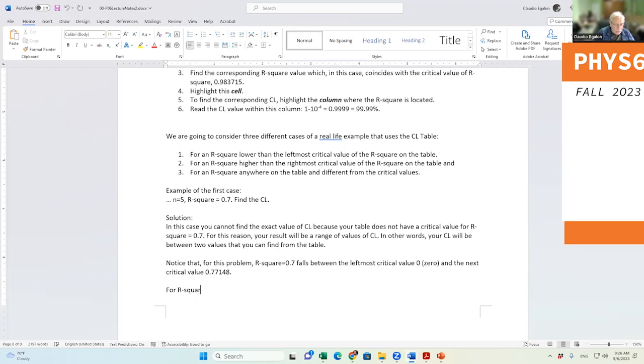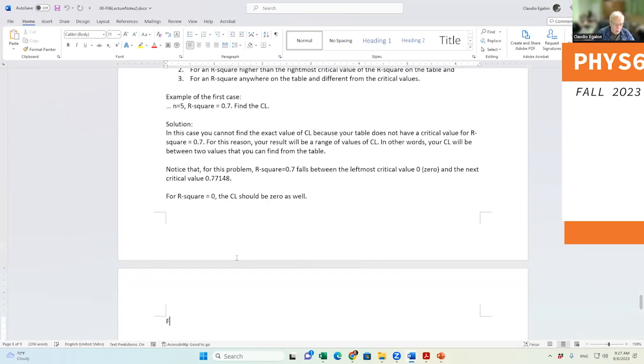For R squared equal to 0, the CL should be 0 as well. For R squared equal to 0.77148, the CL is what?